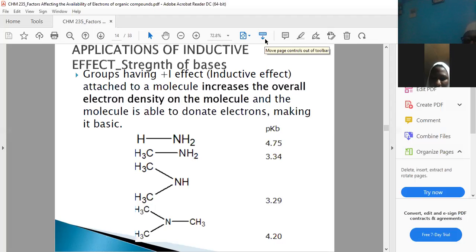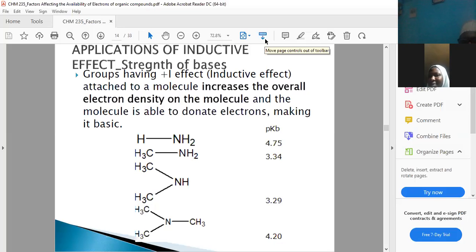The lower the pKb, the stronger the base. Dimethylamine, there is also a decrease in the pKb, meaning the strength of base increases. That's what I tried to say. The lower the pKb, the stronger the base. Do you get the point now?